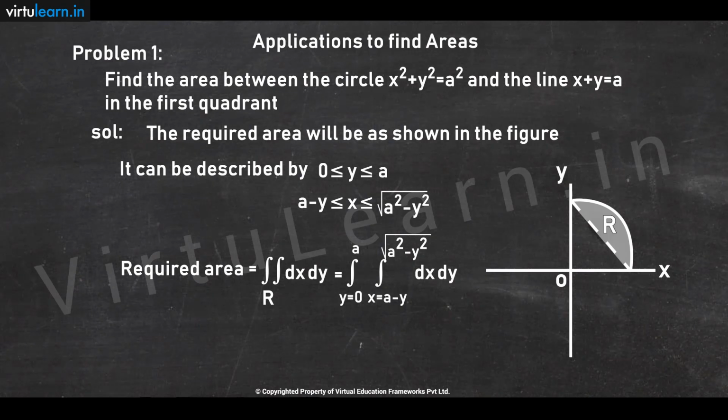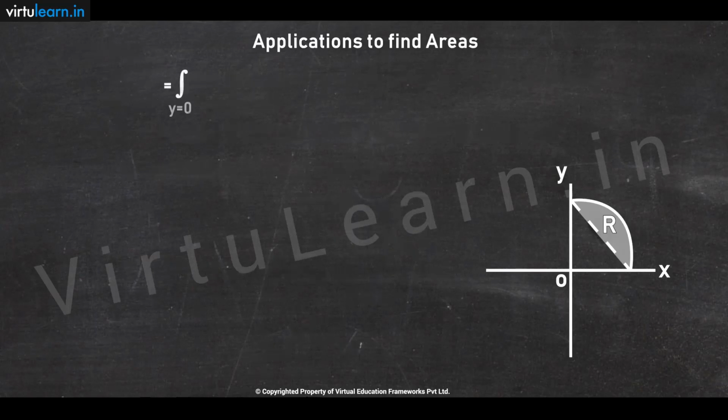When you integrate with respect to x, you get x. The limits are a minus y lower limit, root a squared minus y squared is the upper limit. So, substituting the limits, we get integral y is equal to 0 to a of root a squared minus y squared minus (a minus y) dy.